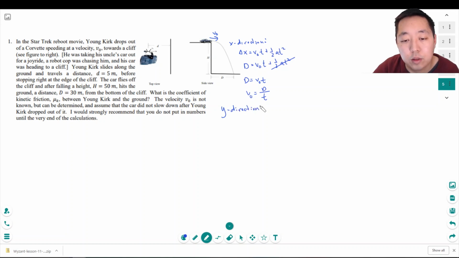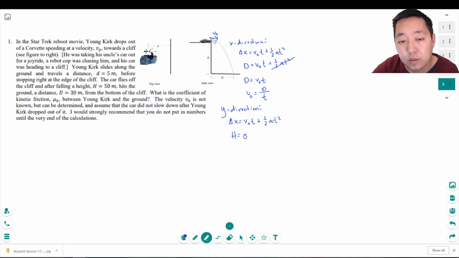Usually for knowing how long something is in the air, it's the y direction that dictates it. Again, I'm going to use this equation, delta x is equal to v0 t plus 1/2 at squared. But now let's consider the displacement. The displacement is going to be h in the vertical direction. His initial velocity in the vertical direction is 0, because all of his initial velocity is horizontal.